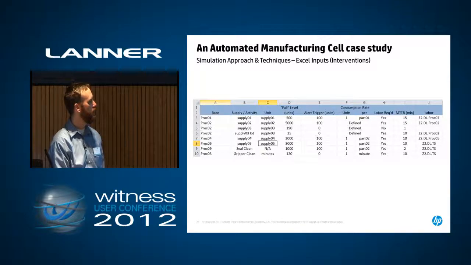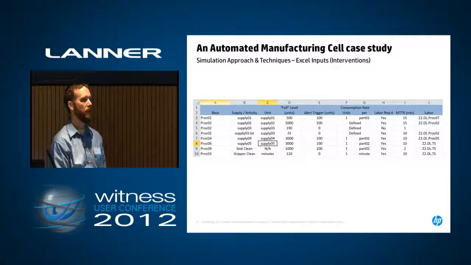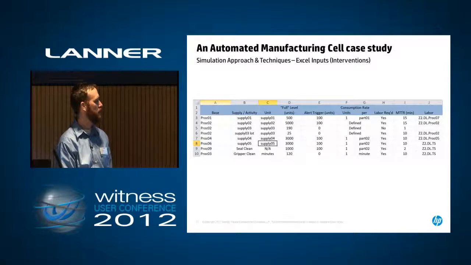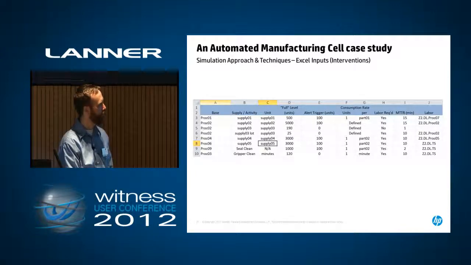So here the user can define the consumption rate of that supply, what is going to alert that operator to show up and change it, and how much it gets set to, what's the full level. And then additionally, time to repair and whether labor is required or not, and who's doing it.